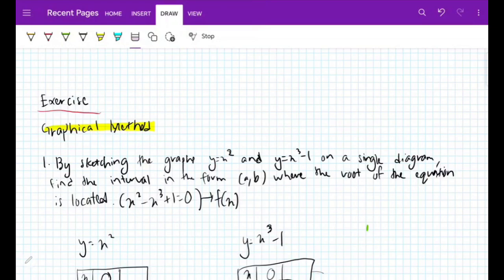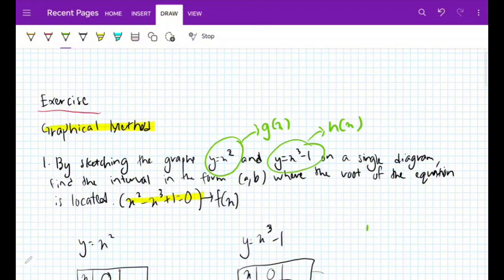This is our main function, our f(x). Luckily for us, they've already separated it into two different functions, so we can say this is our g(x) and this is our h(x).